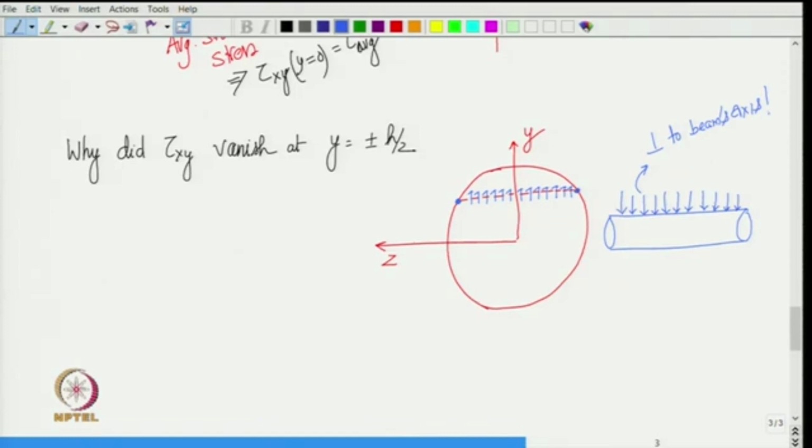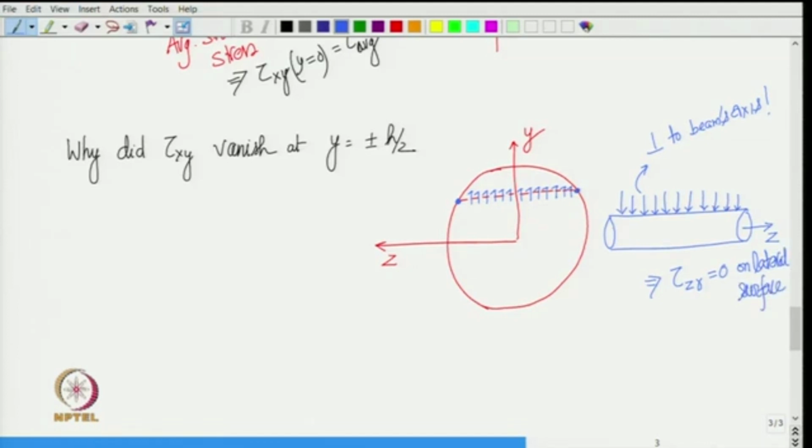So, what can we say about the various traction components on the lateral surface? Since it is a radial plane and the loads are perpendicular to the axis, and in cylindrical coordinate system your axis is z, this tells us that tau z r should be 0 on the lateral surface, right.